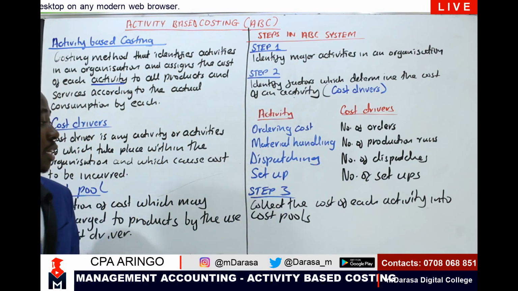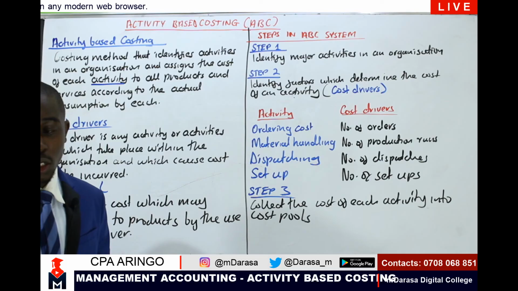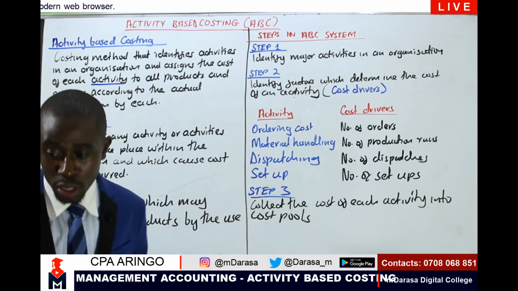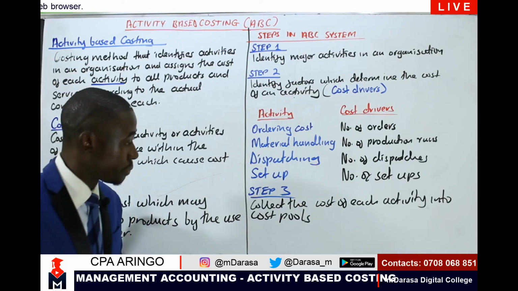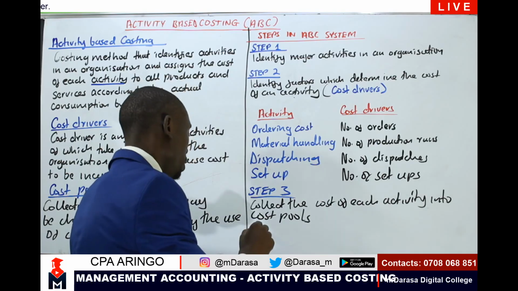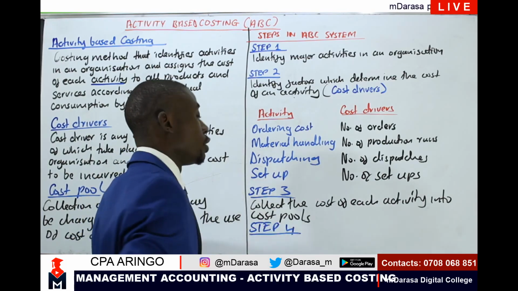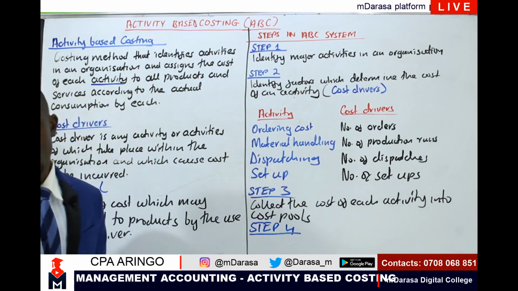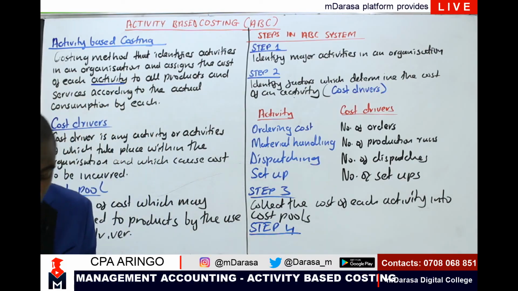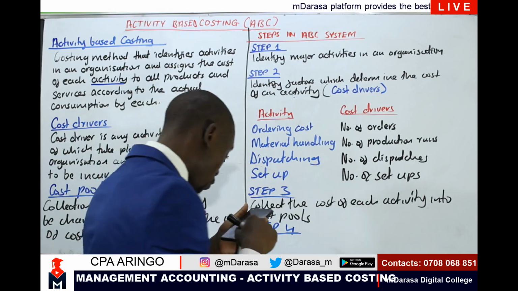So after we've talked of that, that should take us to step number 4, which should be our last step. What do we need to do in step number 4? For step number 4, this is what you are going to look at.